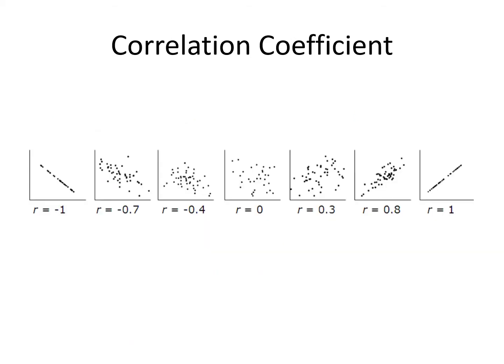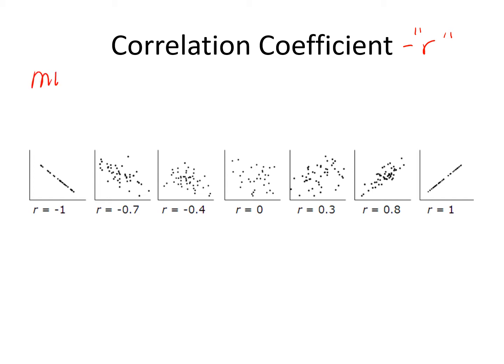All right, so we're going to talk more about the correlation coefficient on this slide. The correlation coefficient is represented by the letter R. You can see there are 7 graphs here, each with a different R value. The R value, you can think of it as measuring the goodness of linear fit for the data. The numbers range from -1 to 1, and that is true for all correlation coefficients.